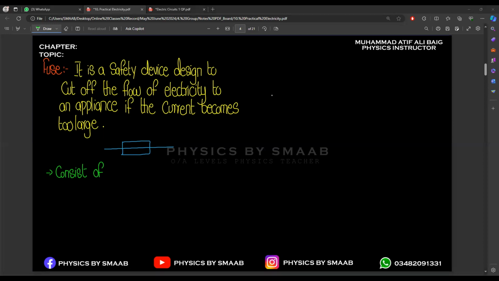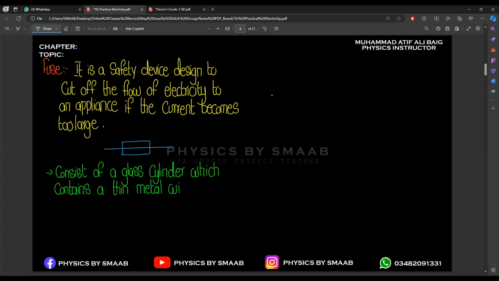So it consists of a glass cylinder which contains a thin metal wire. Okay.